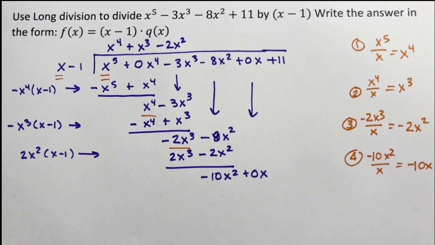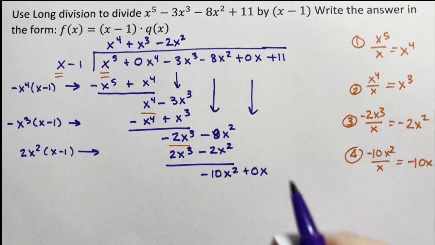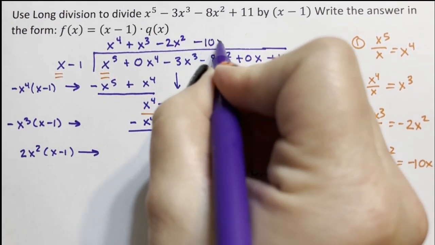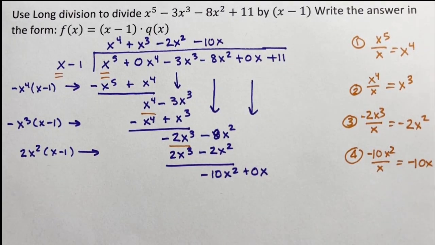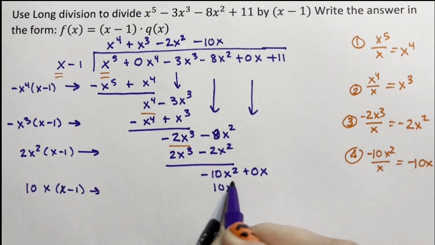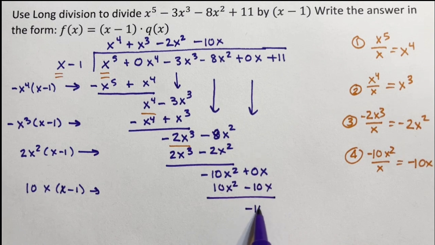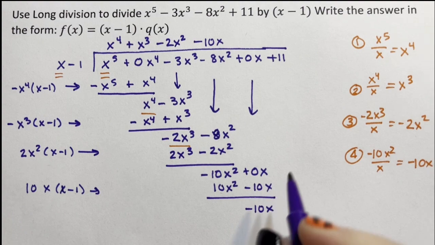Minus 10x. Again, I'm going to change the sign. 10x times x minus 1 becomes 10x squared minus 10x. This, I'm sorry, is a typo.